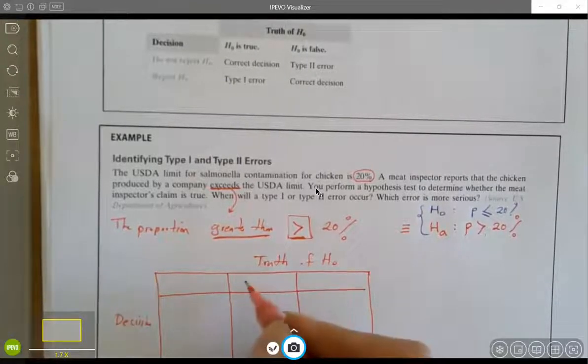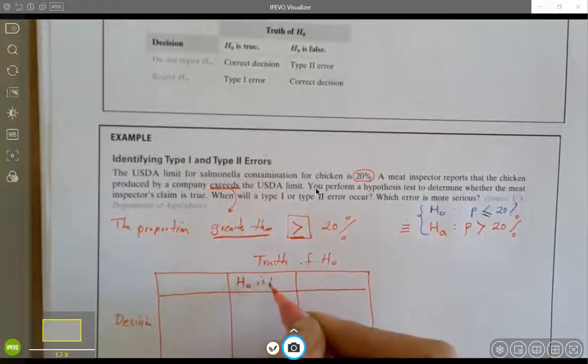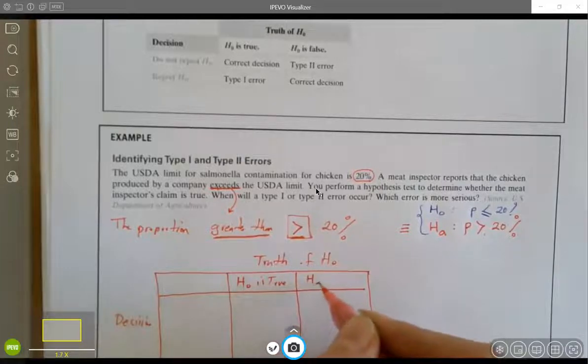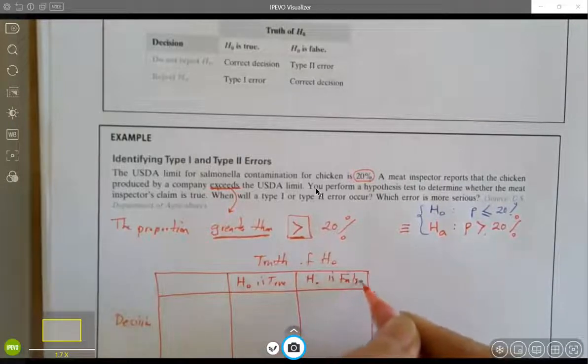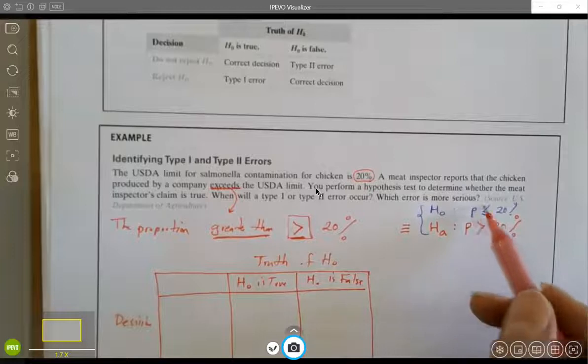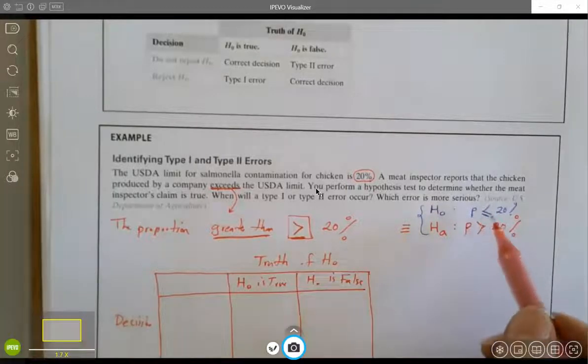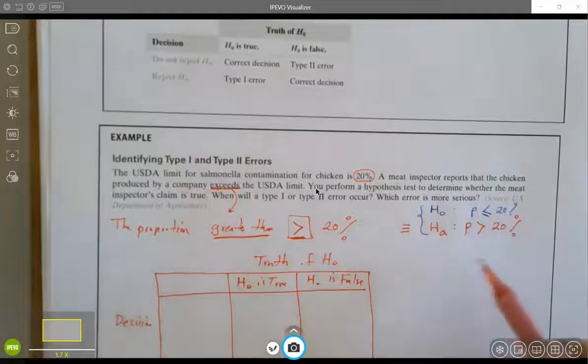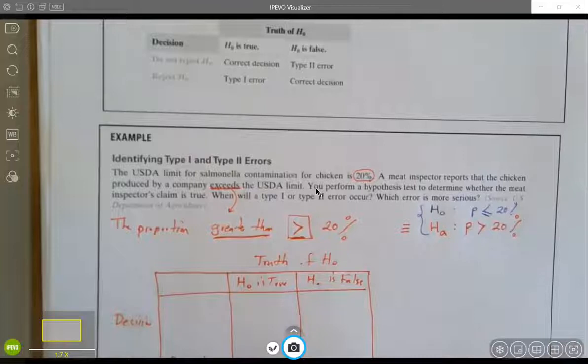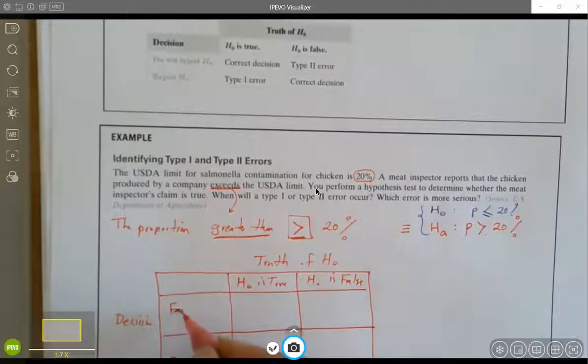Your null hypothesis is either true or your null hypothesis is false. The limit of contamination is less than or equal to 20% or it is not. The decision that you make is either reject the null hypothesis or fail to reject the null hypothesis.